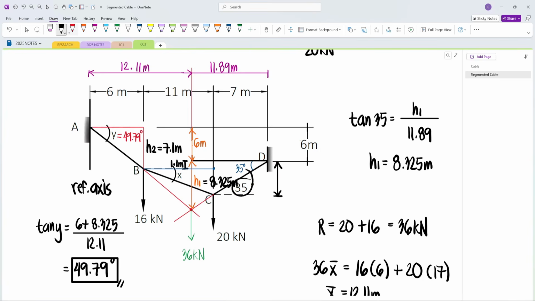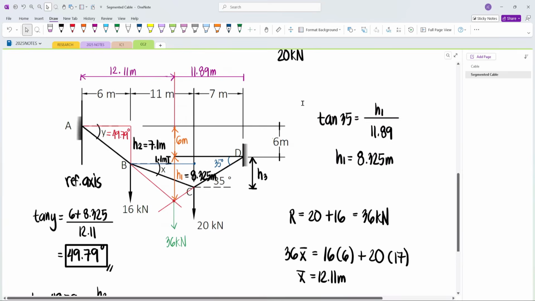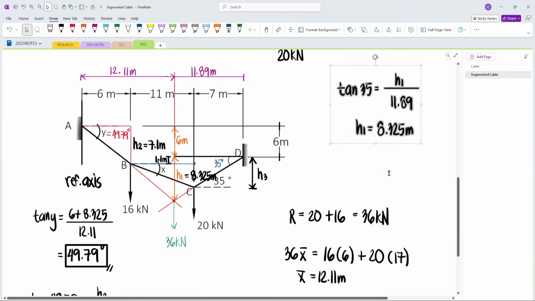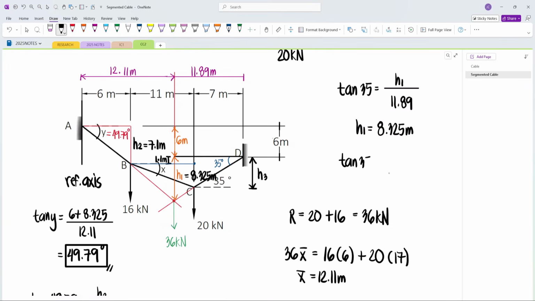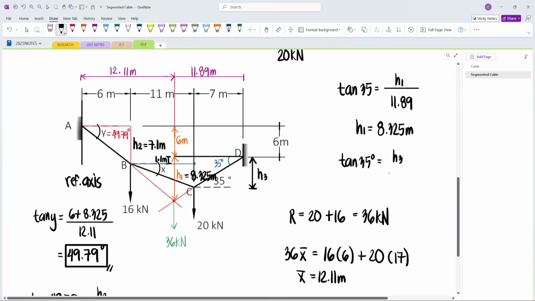Since meron tayong angle, meron din tayong adjacent side. So, label natin yan as, sabihin natin, H3. So, we will still use the tangent function pa rin. Tangent of 35 degrees equals H3 over the adjacent, which is 7 meters.